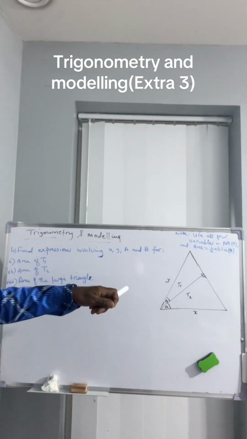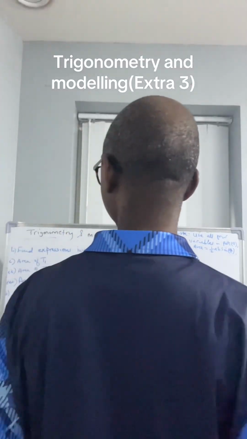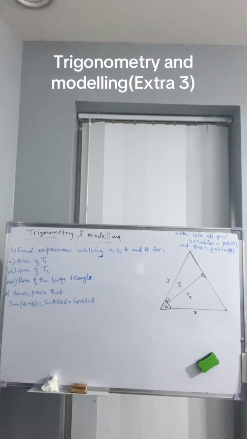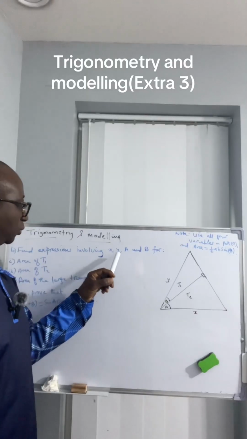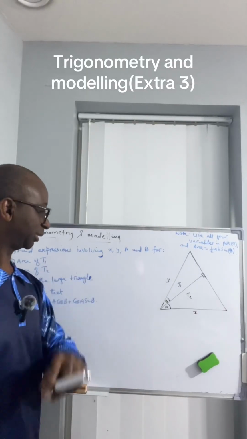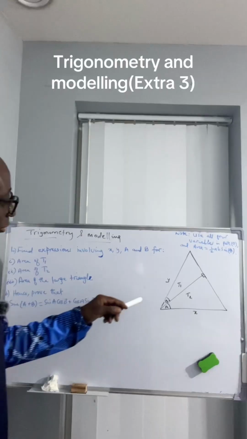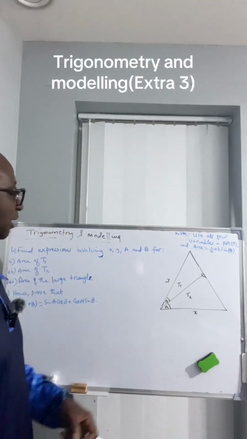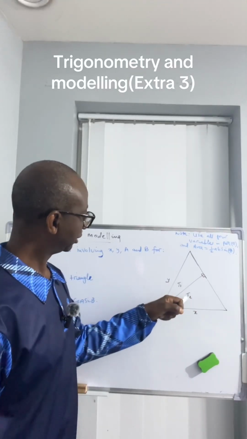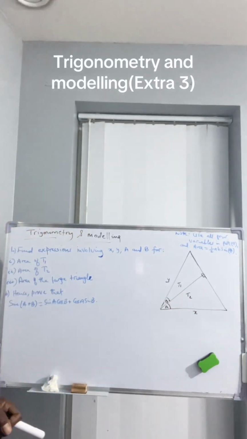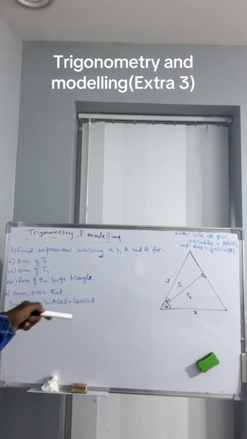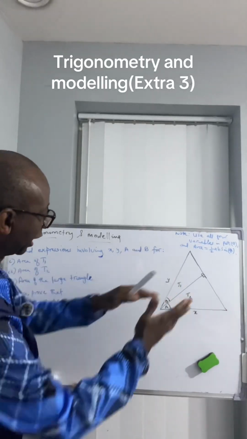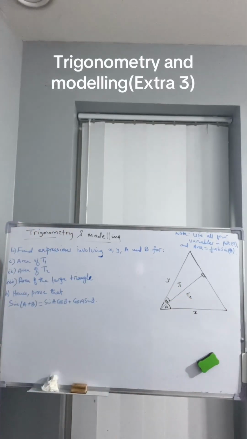This question is asking us to find expressions involving x, y, I, and b for the area of triangle T1. This triangle here, the smaller triangle, is T1, and the bigger triangle is called T2. So we're going to find the area of both of these two triangles, and then we'll find the area of the whole triangle, which is the large triangle.